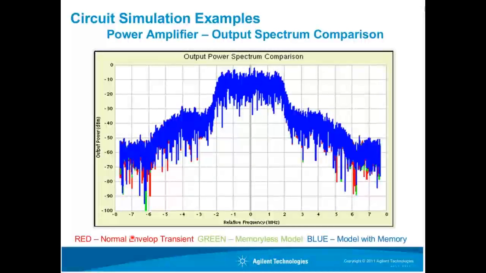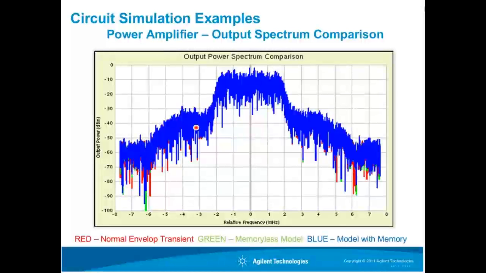And we've built both a memoryless model and a model with full memory effects out of this circuit, and we've exercised those with the same input signal. And you can see that the results for all three cases are quite identical. And what that tells you is that the memoryless model is just as good as the normal envelope or the model with memory.